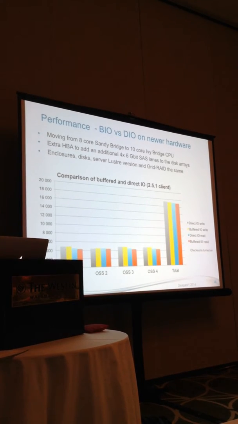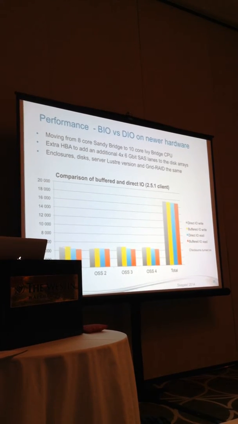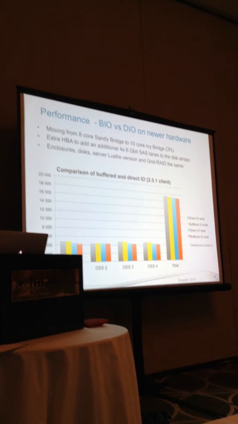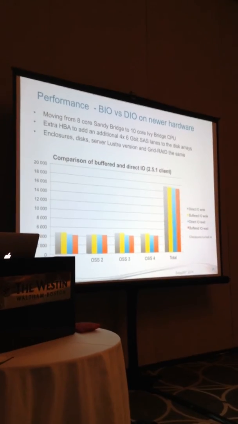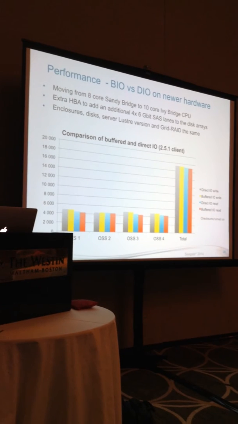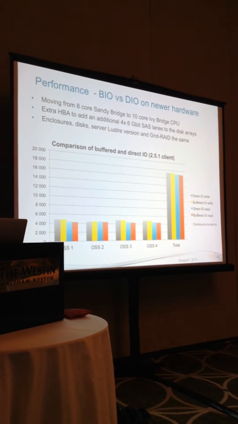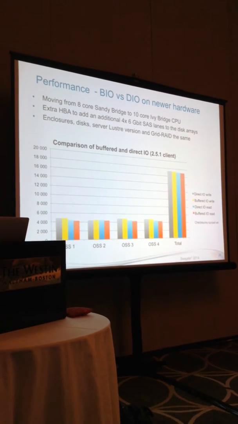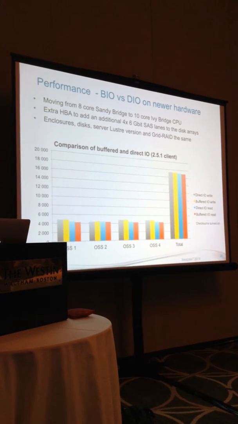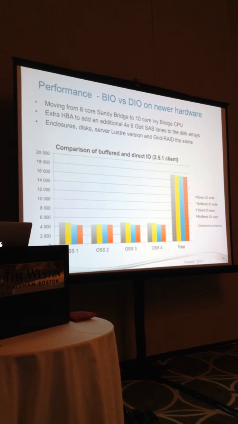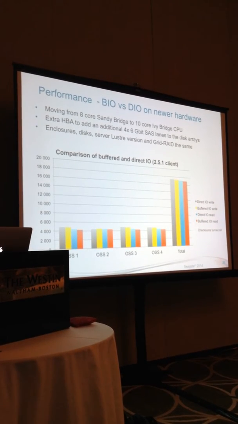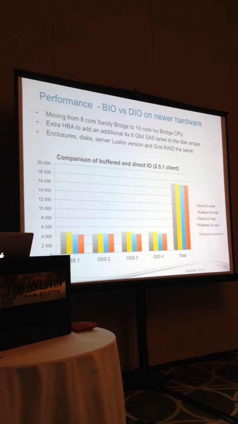And you can see a single OST is now peaking at about 4.5 for direct and just a little bit lower than that on buffered. Now, if you look at those 4 OSSs, that's a slightly larger system than the one we tested otherwise, but we had a little bit more when we did this test. The basic idea here is that suddenly we get 50% more performance with a very minor change to the CPU.